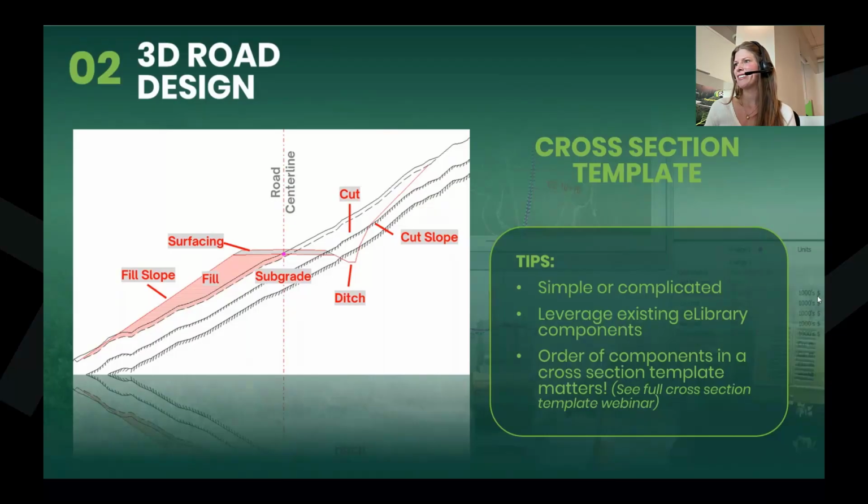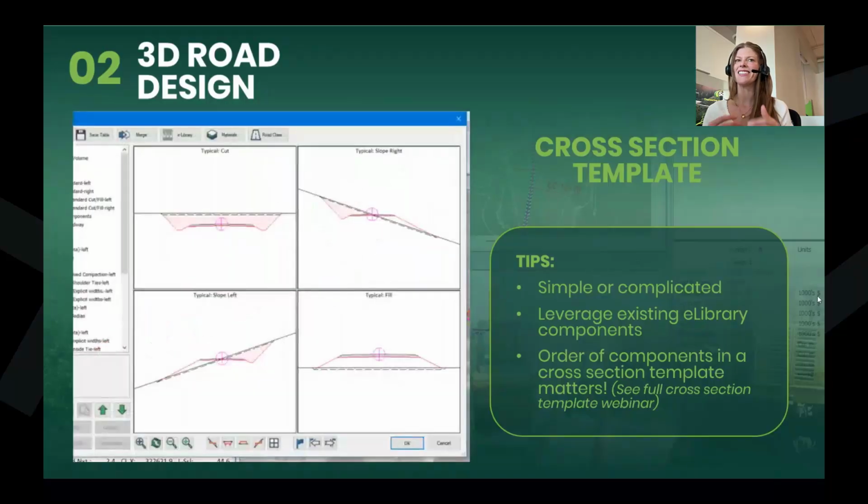And it's really important to know that these cross-section templates are essentially like mini programs. They adjust depending on the conditions they're in. For example, if you're in typical cut, it's going to behave one way. If you're sloping right, sloping left, or in fill situations.